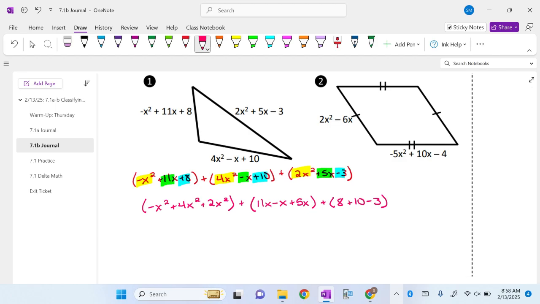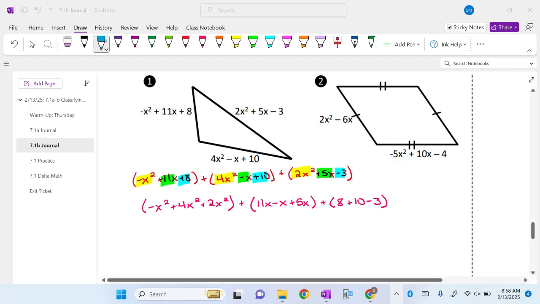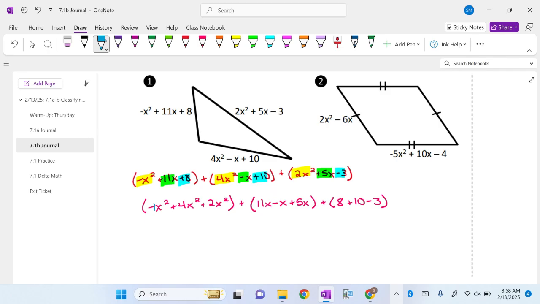And then we're just combining the like terms. So remember, there's an unspoken 1 here. So negative 1 plus 4 is 3, plus 2 is 5x squared. So guys, if you need help with that, put those numbers in a calculator. That's totally fine.